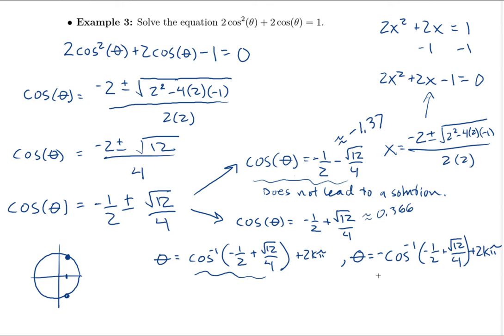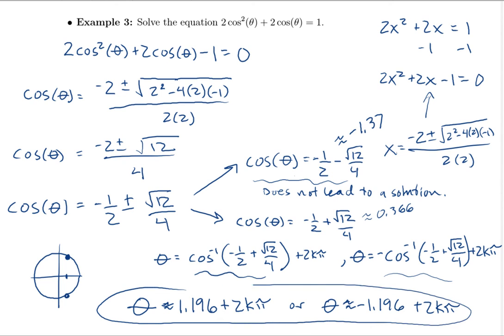And so now I'm ready to type that in my calculator, and the calculator spits out theta being equal to 1.196 plus 2k pi, or theta equaling the negative of that. I guess it's approximate, right? It's approximately equal to -1.196 plus 2k pi.